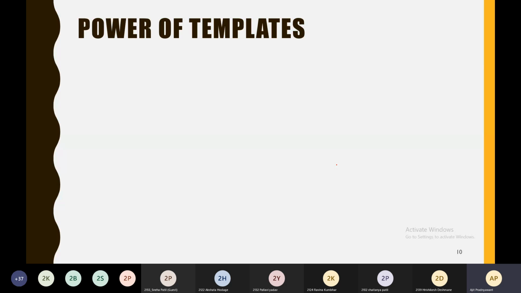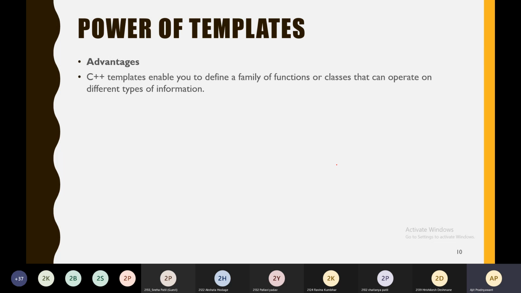Let's begin with the power of templates, the advantages of templates. The first advantage is that C++ templates enable you to define a family of functions or classes that can operate on different types of information.